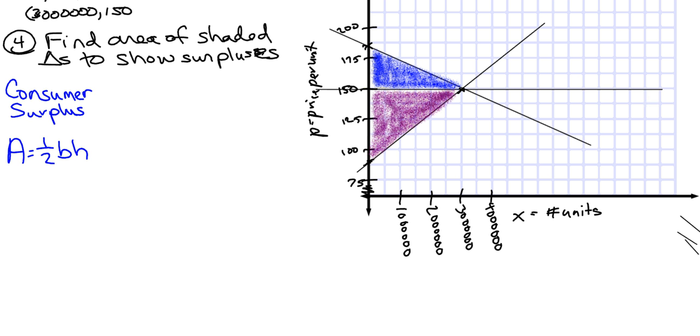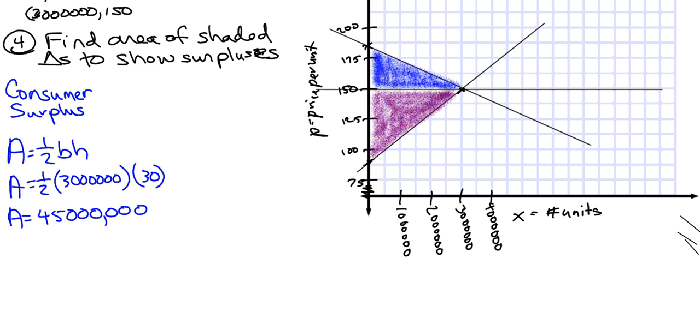And so the area of the consumer surplus triangular wedge there is 1/2 times 3 million times the height, which is 30. So that area is 45 million.